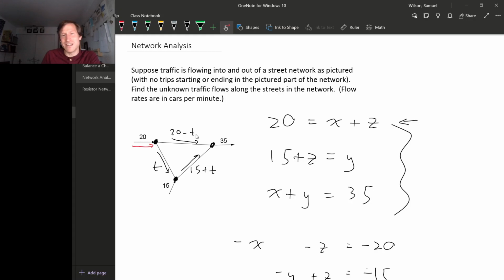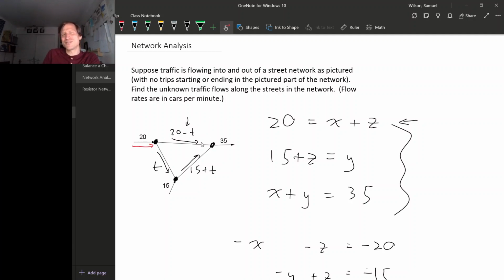If t is some large positive value, say, 100, that means we have 100 cars going this way and then that way. And then a negative here means that that 100 cars is going the opposite direction. So t is really representing the sort of static circulation of cars driving around this triangle.